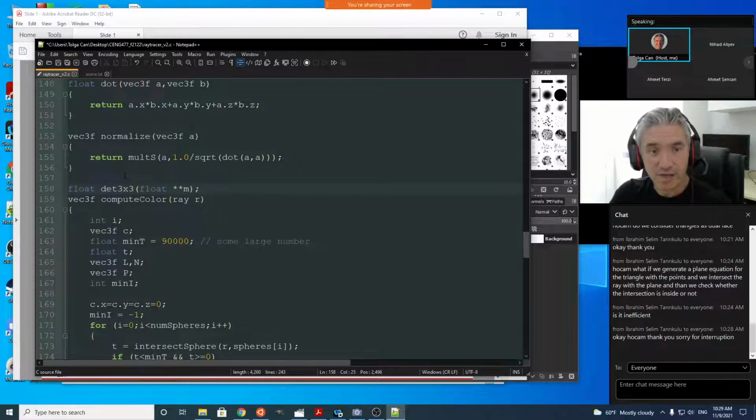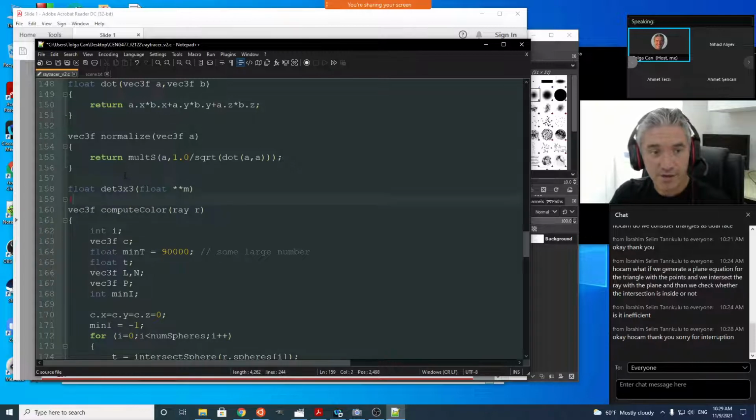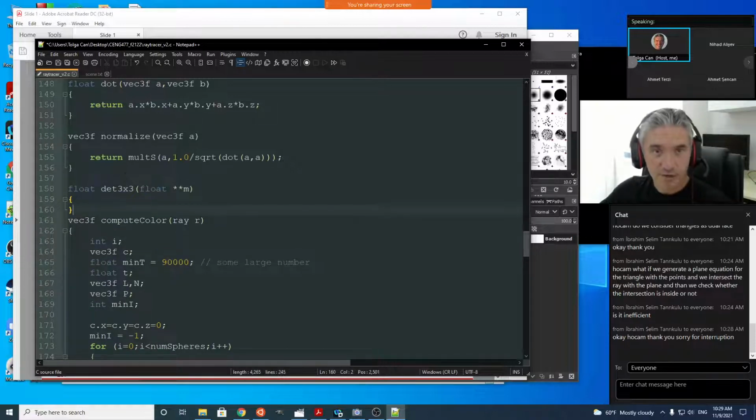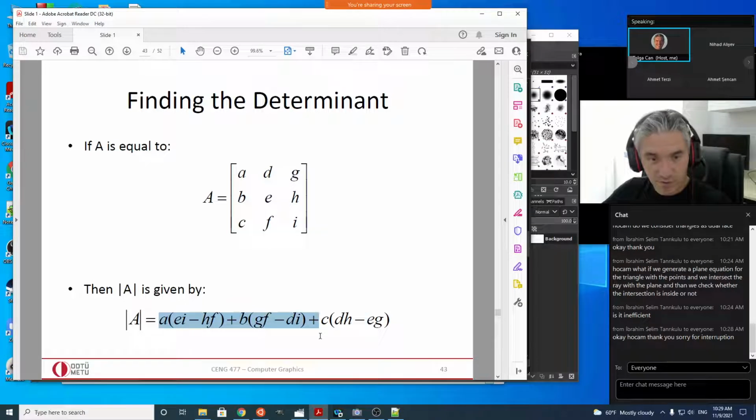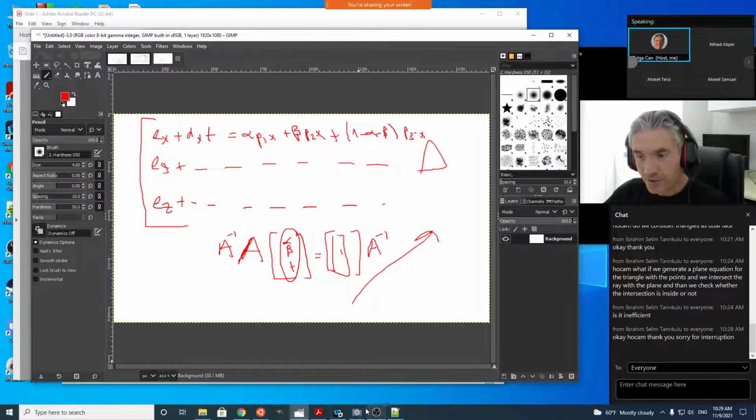You can get your matrix, and then all you need to do is write whatever you have. Here, this single equation will just be, for example, M00, these are multiplied, subtracted by this. Just convert this to a single C expression, and you have your determinant.